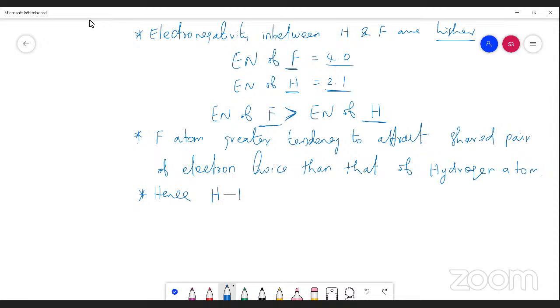The hydrogen fluoride bond is polar in nature.